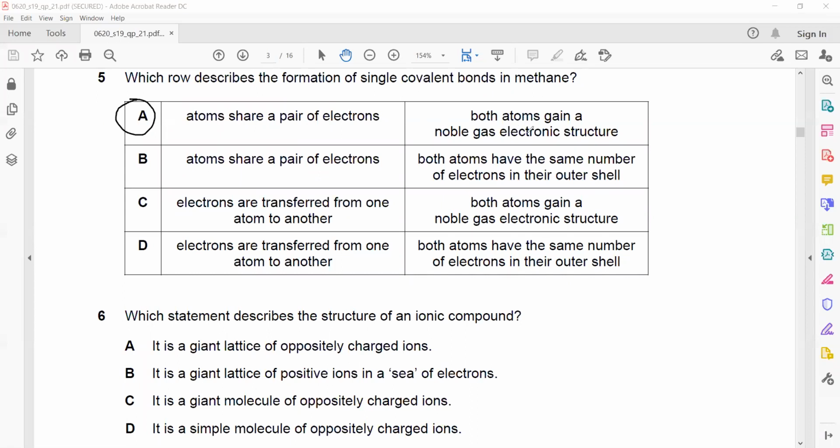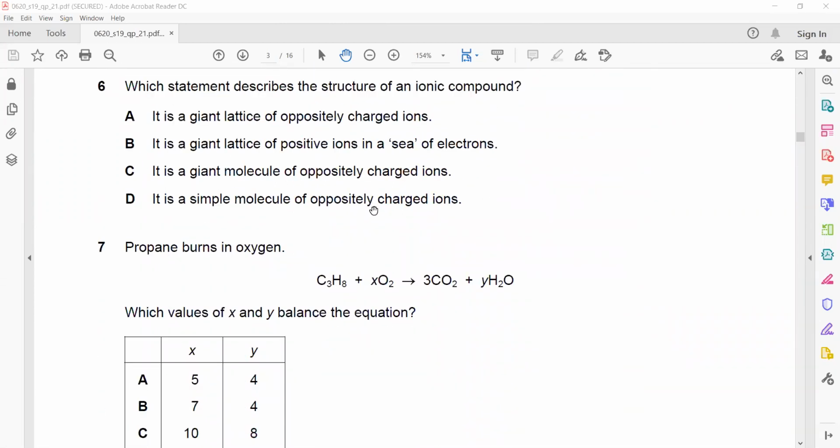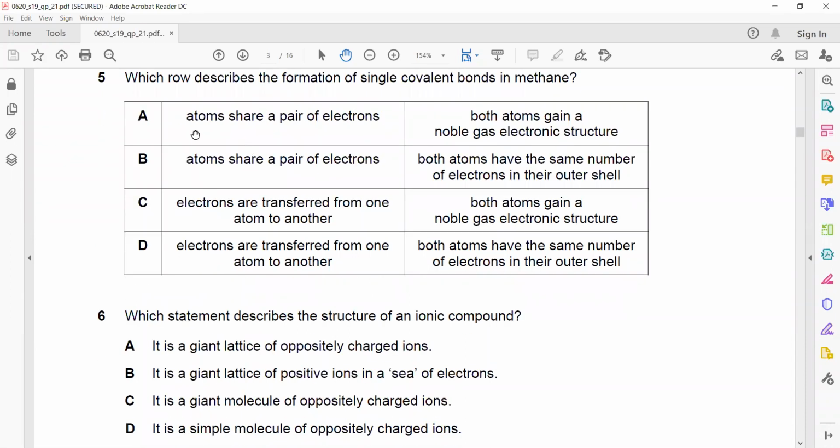Atoms share an electron pair, and both atoms get a noble gas configuration. Question 6. What could be the answer for question 6? Which statement describes the ionic structure? A, sir. A. In question 5, the question is which row describes the formation of a single covalent bond in methane?